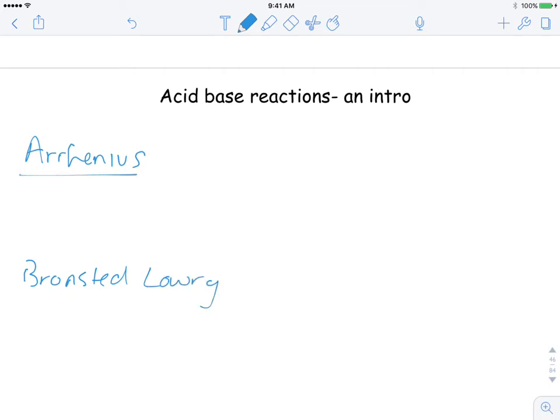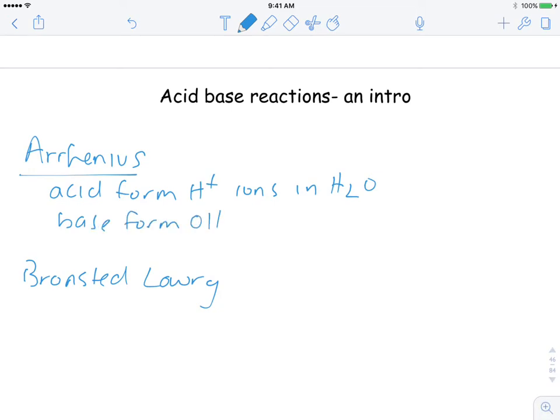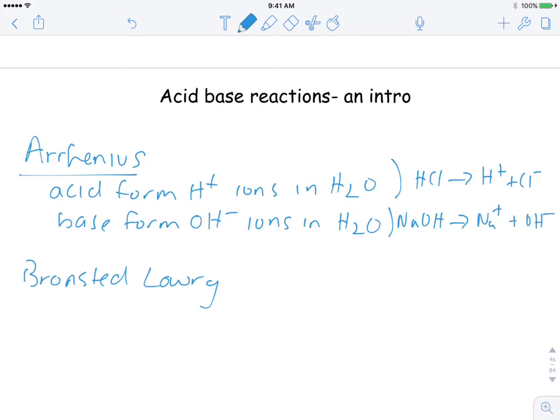You might remember these, hopefully you do, but the Arrhenius definition says that acids form H+ ions in water, and bases form OH- ions in water. And so an acid could be something like HCl, and it would form H+ and Cl-. And a base would be something like NaOH, because when I put it into water, it forms Na+ and OH-.